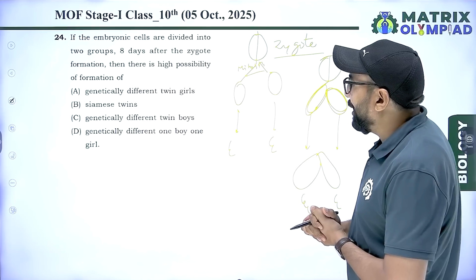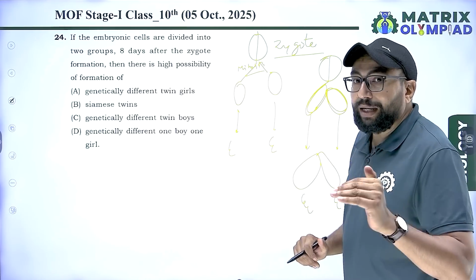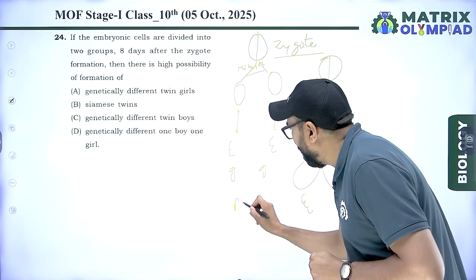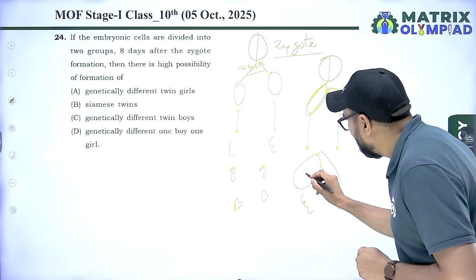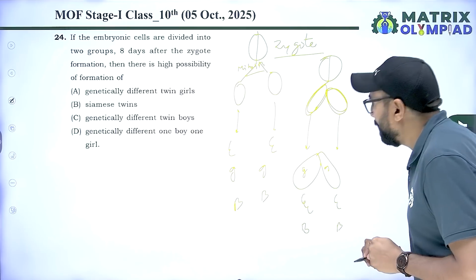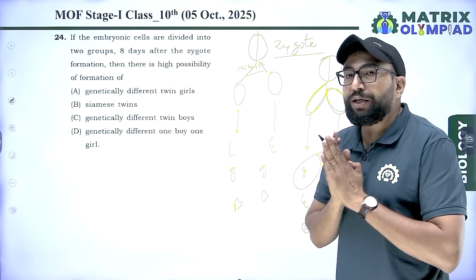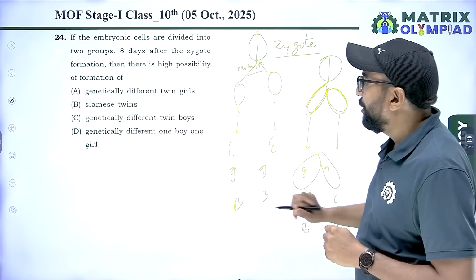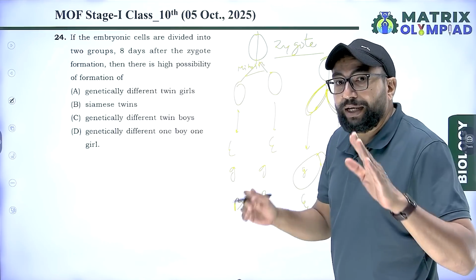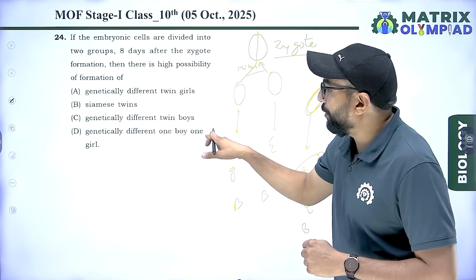Genetically different twin girls? No. Genetically identical twins means girl, girl or boy, boy. Siamese twins means joined twins. Genetically different twin, one boy and one girl?